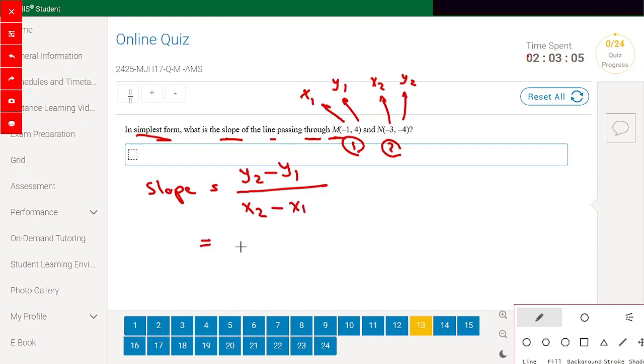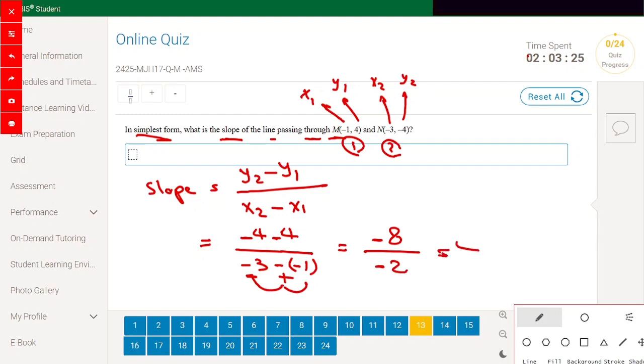So it equals minus 4 divided by minus 3 minus 1. Here it would be minus 8 divided by minus 2, minus minus is plus, so minus 3 plus 1 is minus 2. So it will be equal to 4. So the answer here is 4.